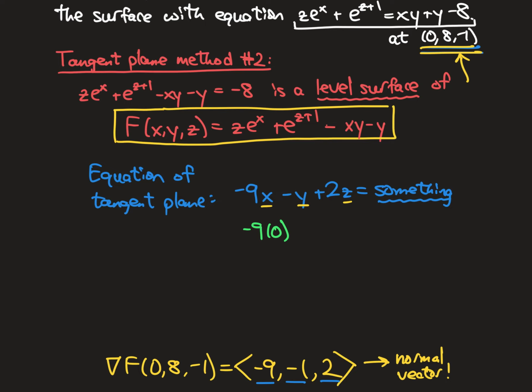-9 times 0 minus 8 plus 2 times -1. Okay, so what does this equal? My arithmetic skills are a little bit rusty, but I believe that equals -10. So that must be our something here on the right-hand side.